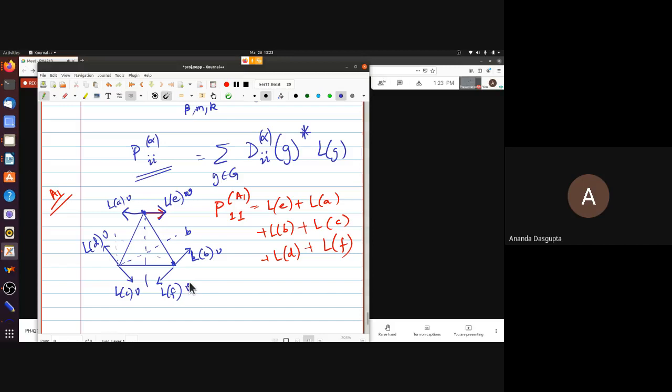So if you want to find out what the projection operator does to this vector V, you have to add up all these 6 vectors. And what do you get when you add up all these 6 vectors, the 6 arrows I have drawn? 0. Okay. Not very successful, because if we had found a non-zero vector after this, that would be a vector which would span one of the one-dimensional invariant subspaces, the one which carries the representation A1, the identity representation.